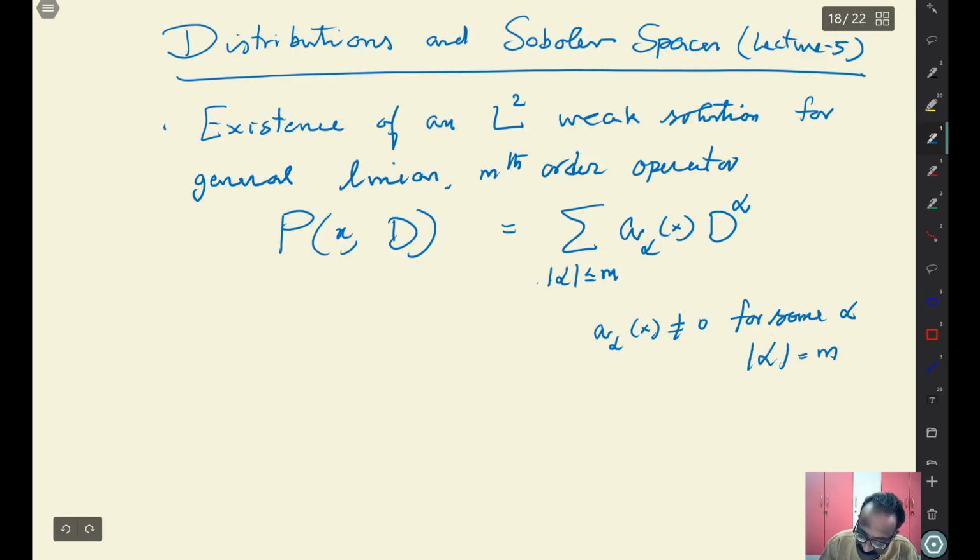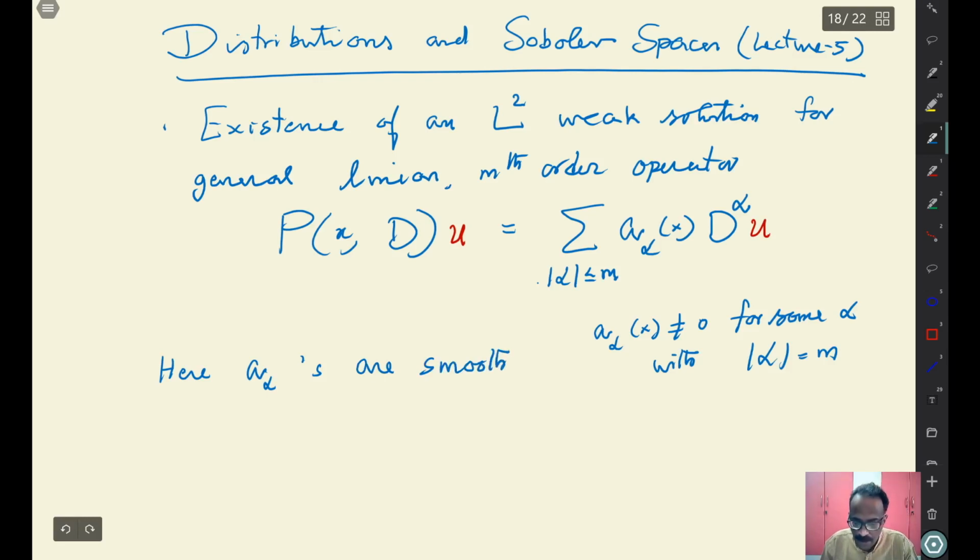That is precisely to make it a genuine operator. So it operates on u as the sum of a_alpha D^alpha of u. That's it. Here you assume the a_alpha are smooth. You can deal with other cases, but here the a_alphas are smooth.